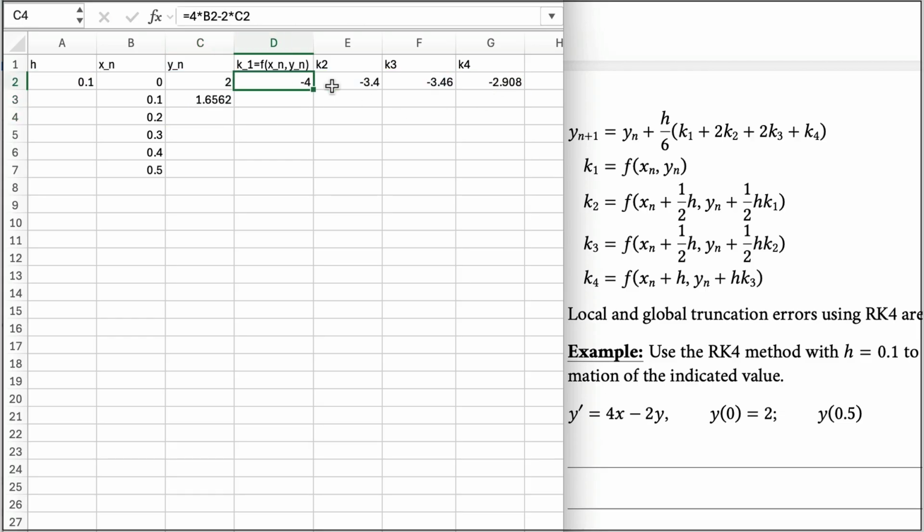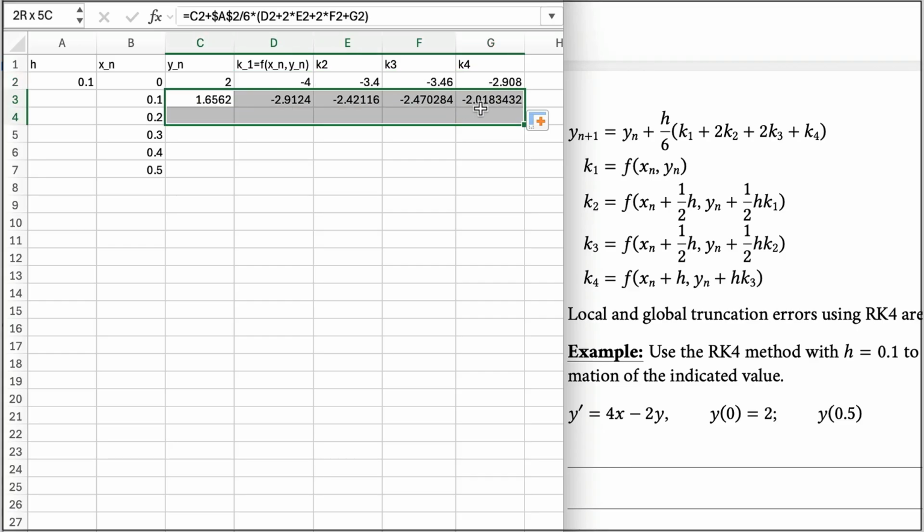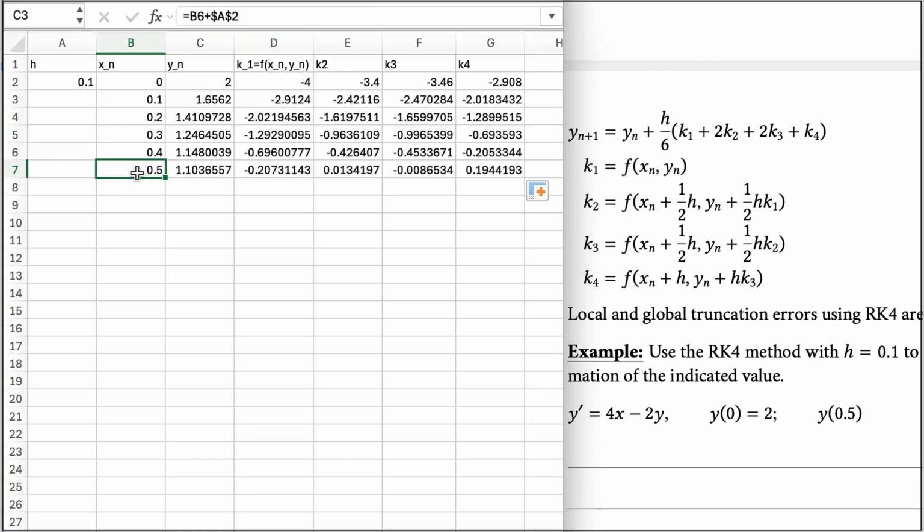And then I can drag down the formulas for the k's and then grab the y and the formula for the k's, drag that down, and we get an approximation for y of 1/2.